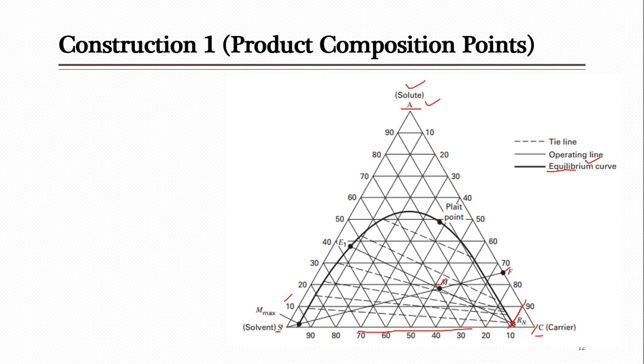So the raffinate leaving from the Nth stream will have more than 90%, let's say around 91-92%. So it will be about 91% carrier in the raffinate stream leaving from the Nth plate.